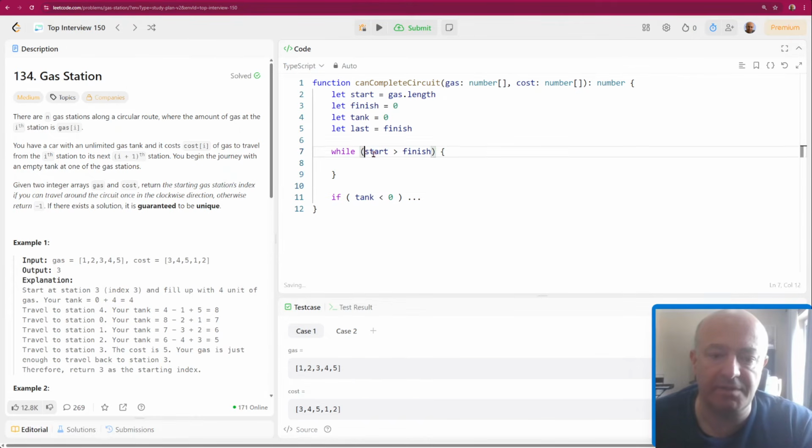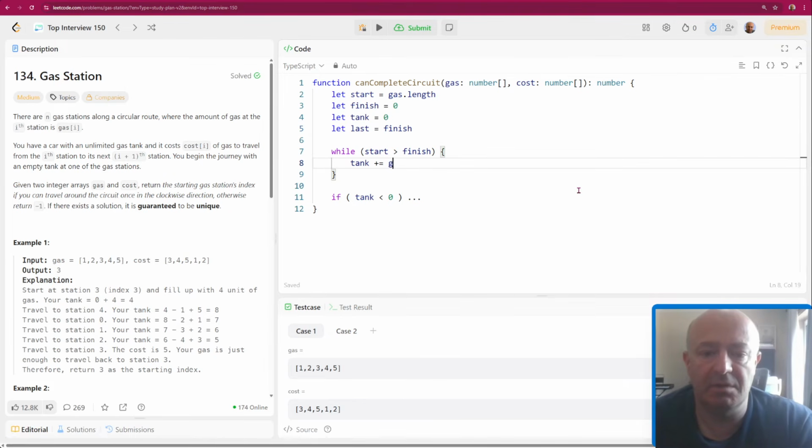But while start is still greater than finish, then I have to do the following. So first of all, I have to update tank. I have to say, well, tank will be updated by whatever fuel delta is available at this last station, right?